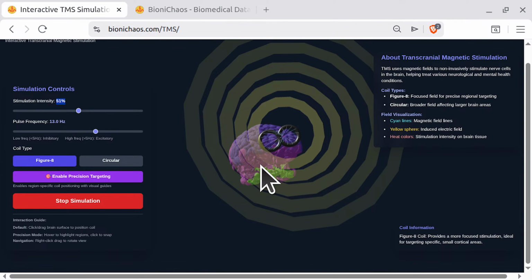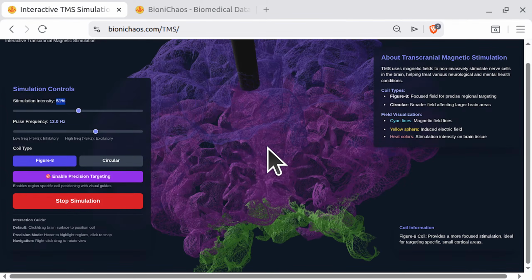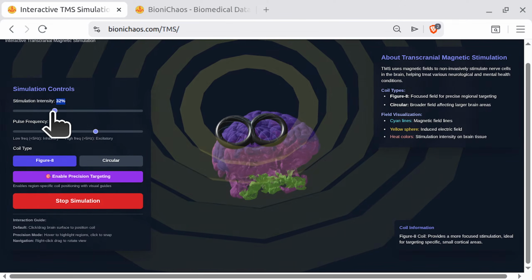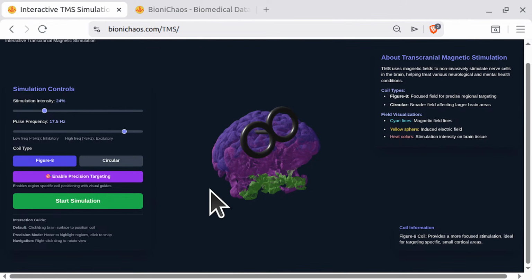Yeah, you can start your stimulation. Why is the stimulation going as if it's going the other way? Let me go into the brain. But it looks like the stimulation is going outward. Yeah, you can choose a circular coil, TMS coil, or a figure-8 shape.